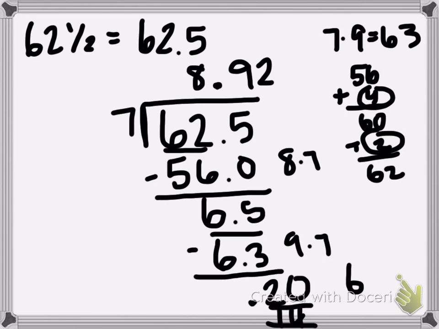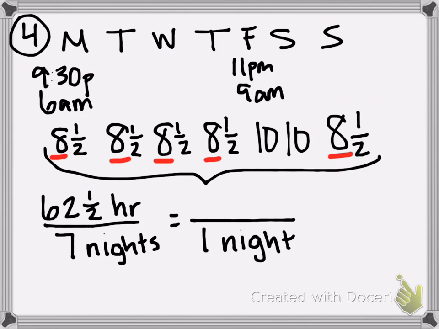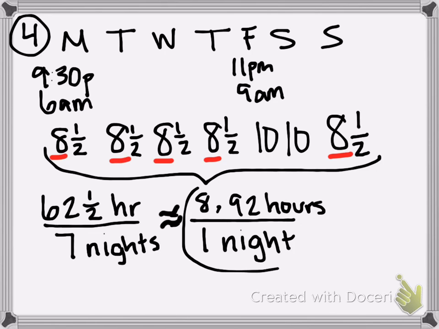How many hours does he get per night? 8.92. So I'm going to change my equal sign to an approximation because I'm rounding. We have 8.92 hours. Did you get all that written down? I feel smart.